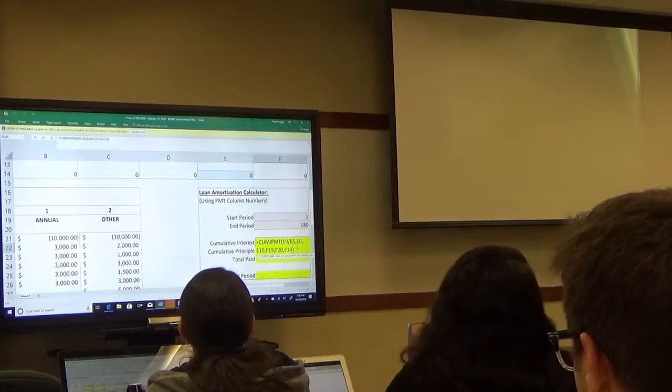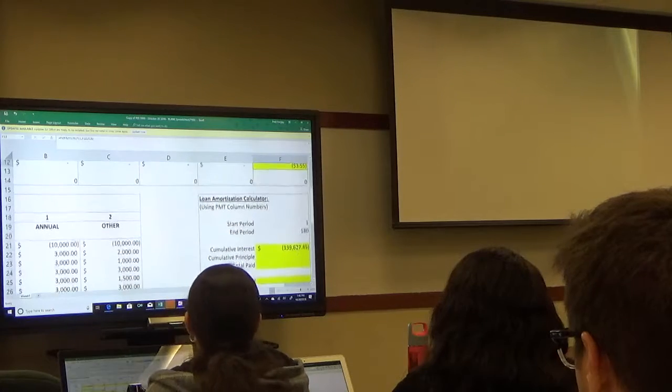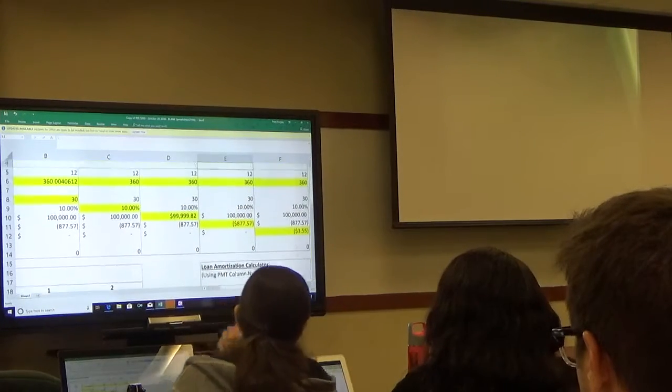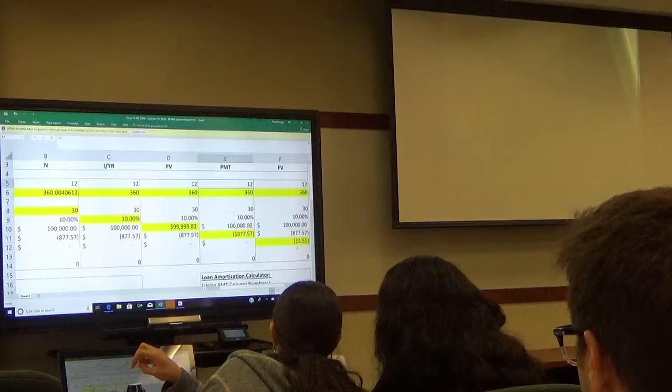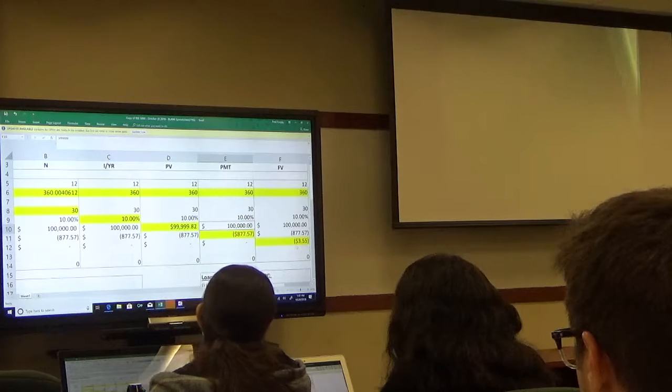Now, once again, your numbers are going to have to match up above. So if you didn't change your numbers back above to match, once again, 12 payments per year, 30-year loan, 10% interest, $100,000 loan amount.